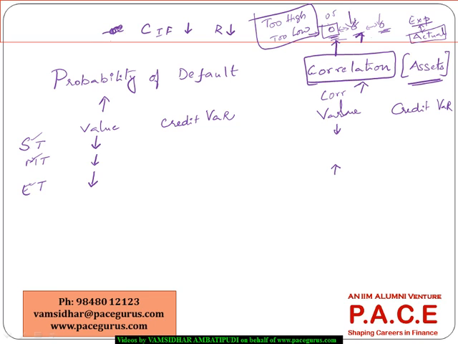But if the correlation is high, it might so happen that none of them may default. There could be some possibility where none of them may default, especially if I know that if this is not defaulting, the others may not default.